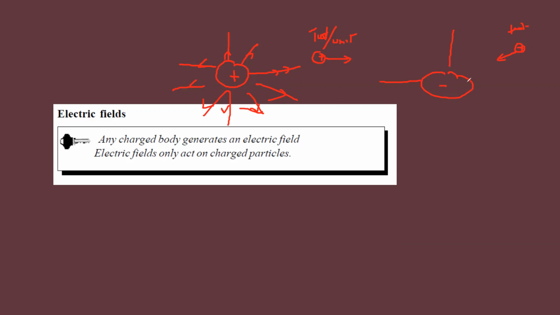So we say the standard direction of an electric field line is the direction which shows the force experienced by a test positive charge when it is placed in the electric field of another charge. So any charged body generates an electric field. Electric field only acts on charged particles.